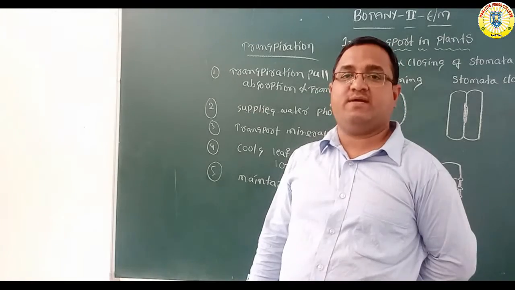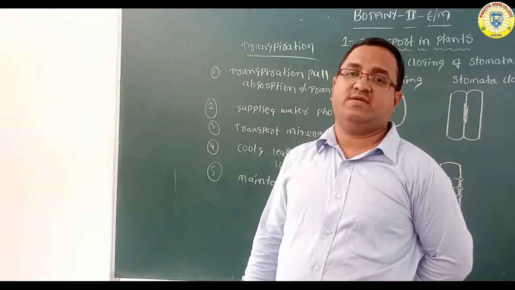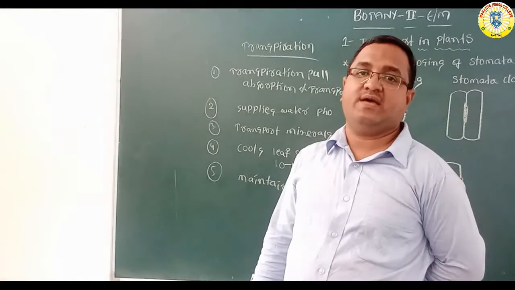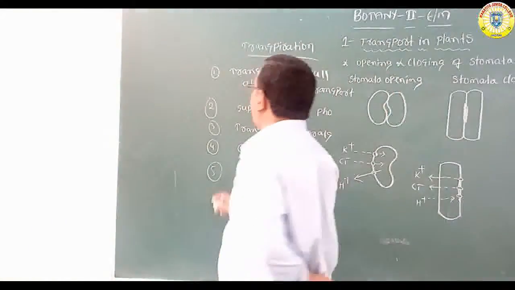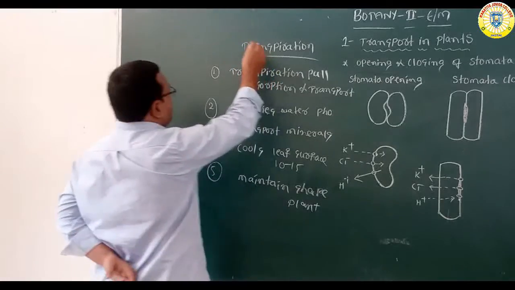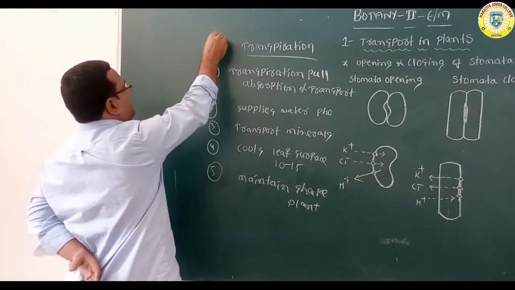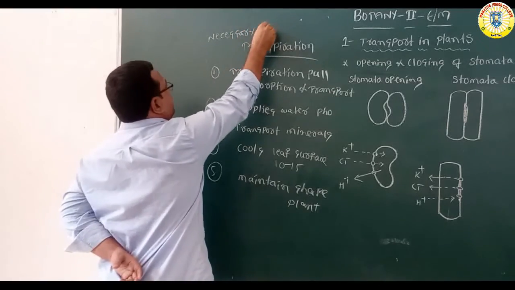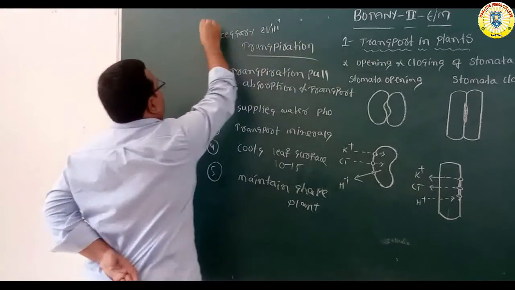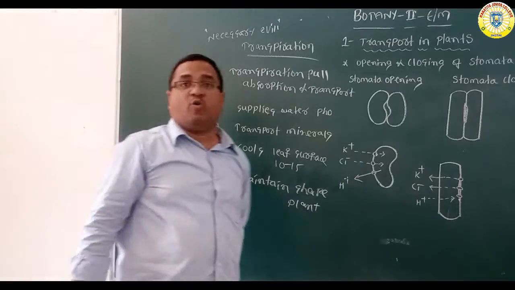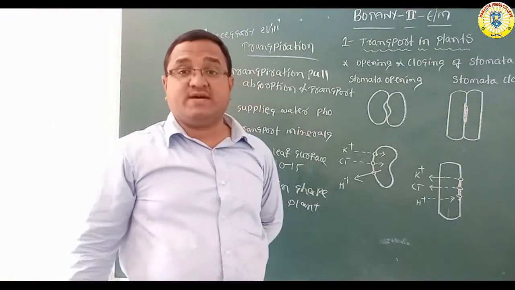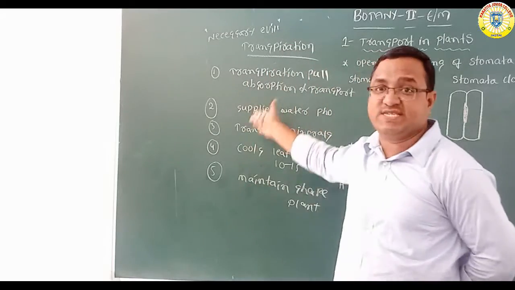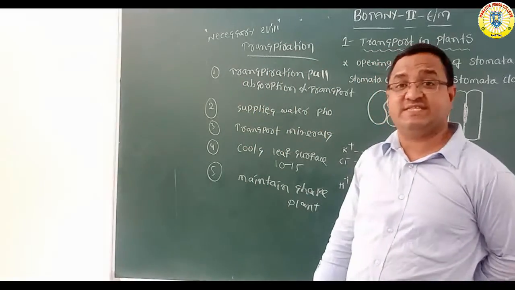Some bad effects are there, but benefits are also there. So we call transpiration a necessary evil. Plants lose so much water through transpiration, but transpiration is very useful for plants in many ways. So transpiration is called a necessary evil.